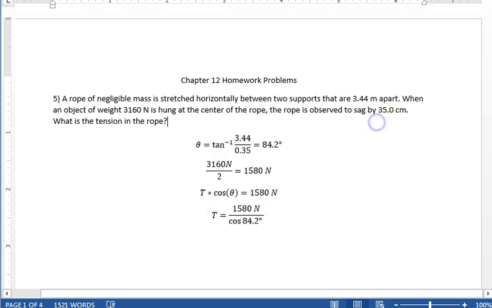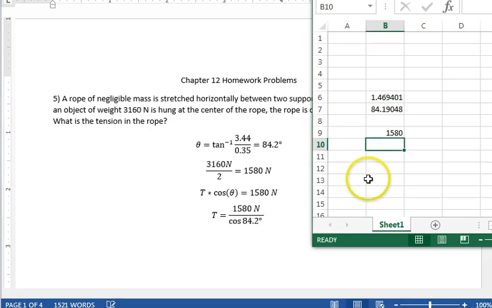All right. Okay, equals 1580 divided by the cosine of, okay, I got to convert to radians, but there it is right there in radians.